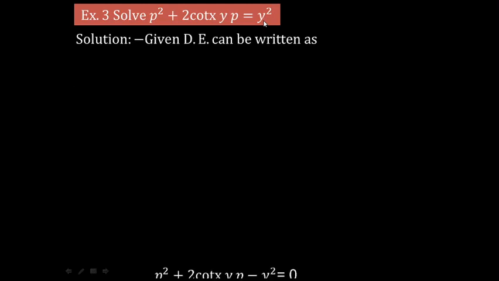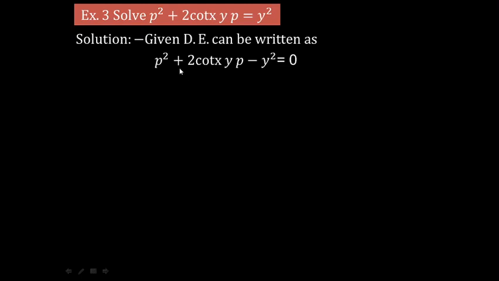First of all, we will write this equation with all functions on one side equal to 0. If you observe here, it is just like the equation of the form a p square plus bp plus c equal to 0, which is a quadratic equation in p.